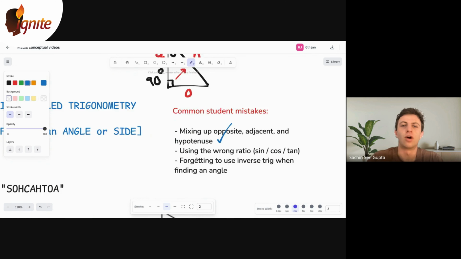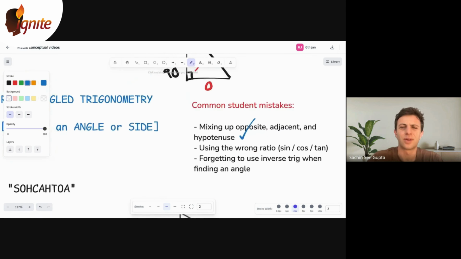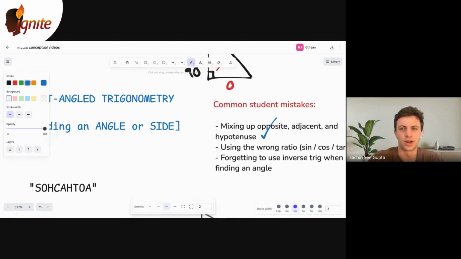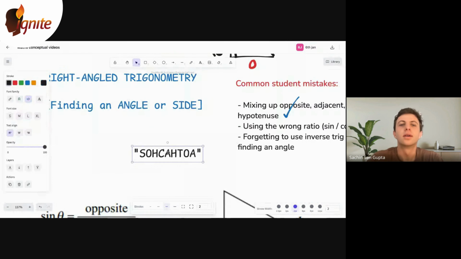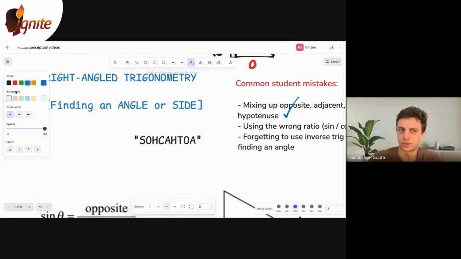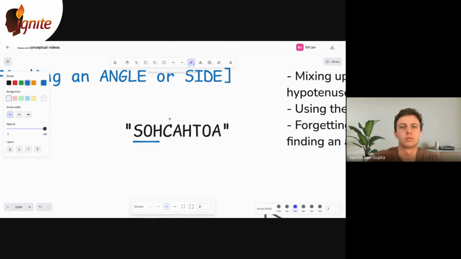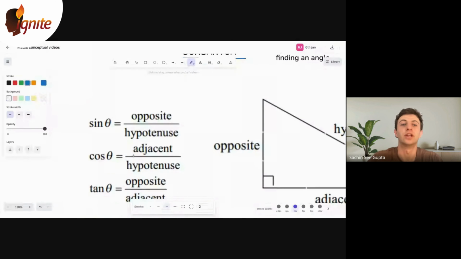Now, students will often use the wrong ratio. The best way I was taught, and I think is the best way, is SOHCAHTOA. Sine, cos, and tan are the three trigonometric ratios we'll be using.